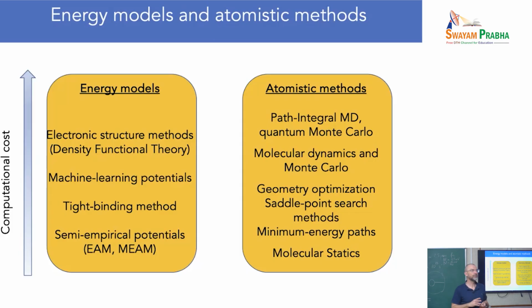Path integral MD is to account for the delocalization of the atoms, so it's to account for zero-point vibrations as well as tunneling. This was invented by Richard Feynman. I cannot really go into the details, but this is to include quantum effects in the trajectory of the atoms.